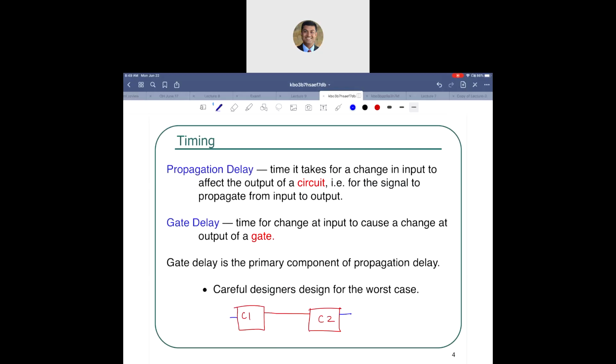If that is the case, then they will have to do this, right? But the problem is that the delay over here is much smaller than the delay in the second connection.